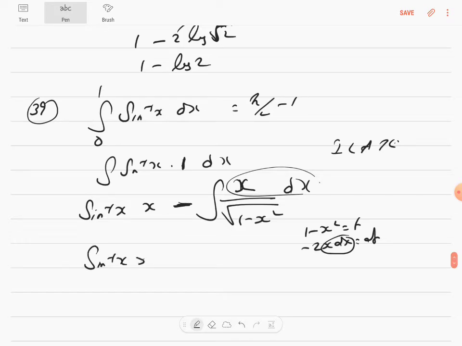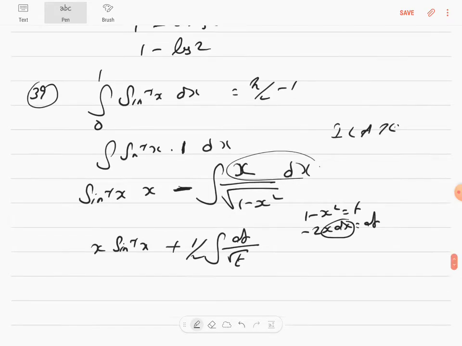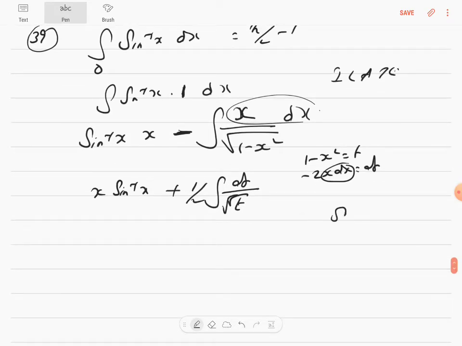Sine inverse of x into x, or you can write x sine inverse of x, plus x dx will become dt by 2. So 1 by 2 into dt by root t, and you know root x itself is 1 by 2 root x in differentiation. So 1 by root x, 2 root x is root x, so like that it will be just root t, including the 2 it will just be root t, and x into sine inverse of x plus.